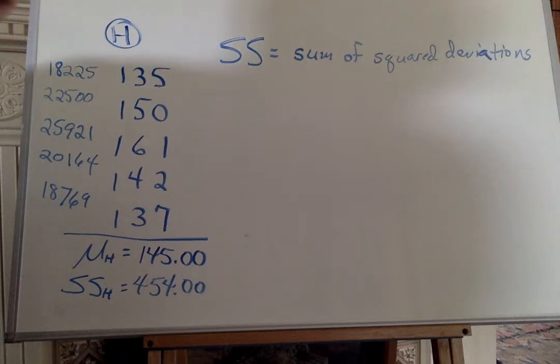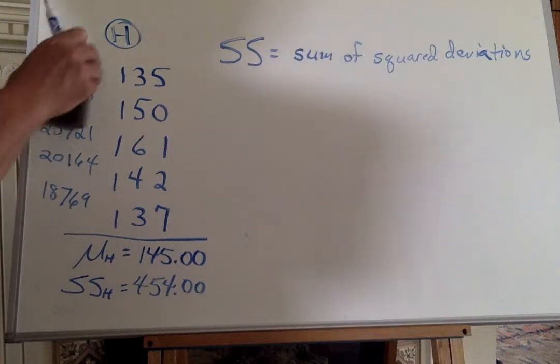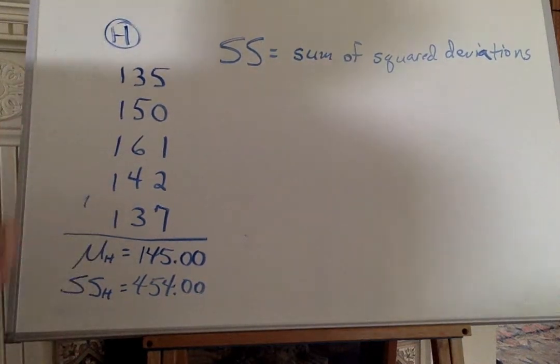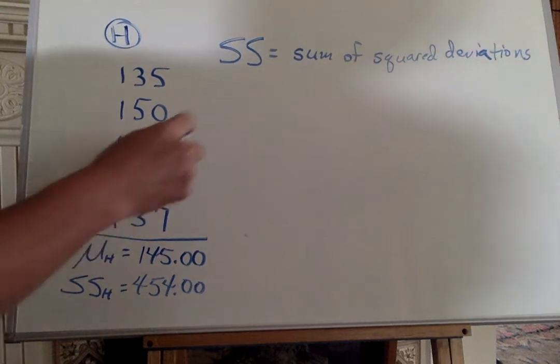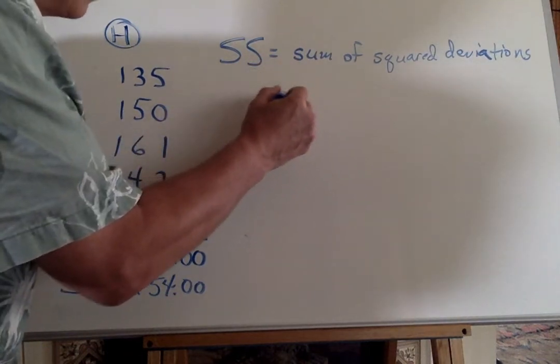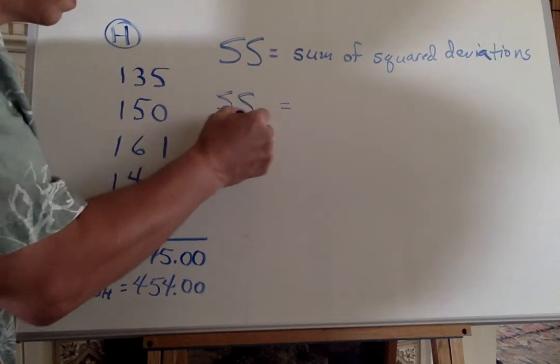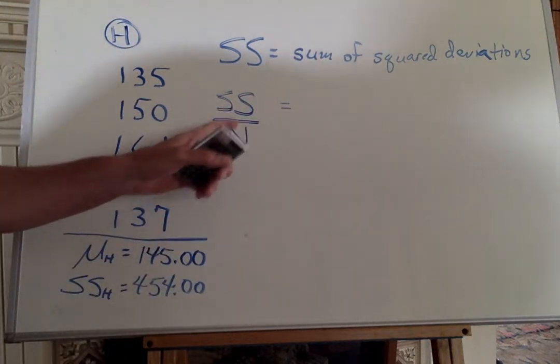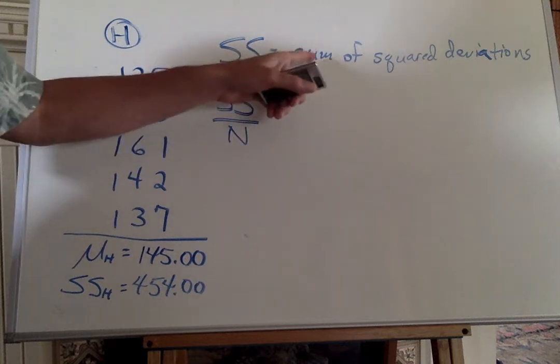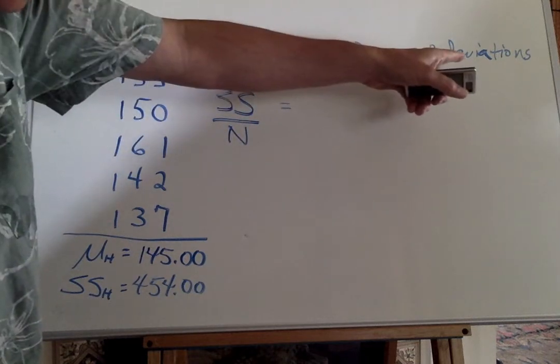I could get the addition of everybody's age, or I could get the average of your age, and it just involves one more step, and that is we're going to divide by n. Whenever you divide by n, you get an average, okay? You divide by n, you get an average. So here's what we're going to do. We're going to divide by n here. Now, sum of squares is the sum of the squared deviation scores.